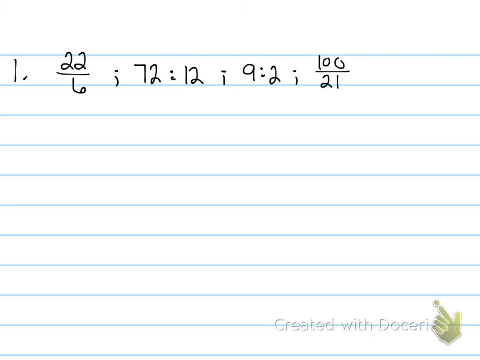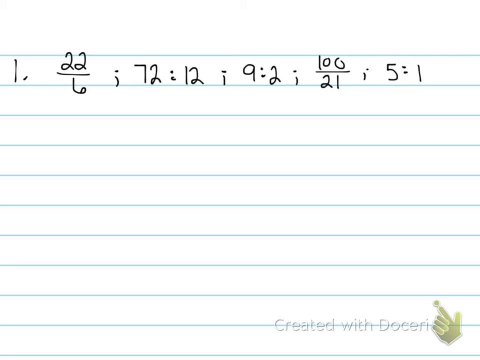Okay, I want to give you just a couple: 22 over 6, 72 to 12, 9 to 2, 100 to 21, and 5 to 1. Okay, and I want you to order these from least to greatest.